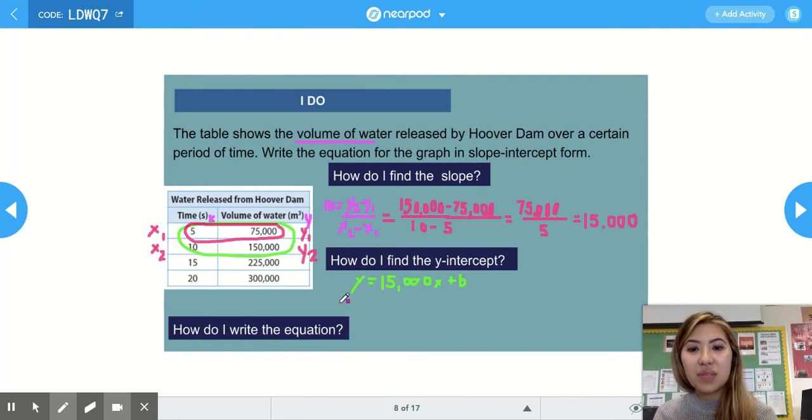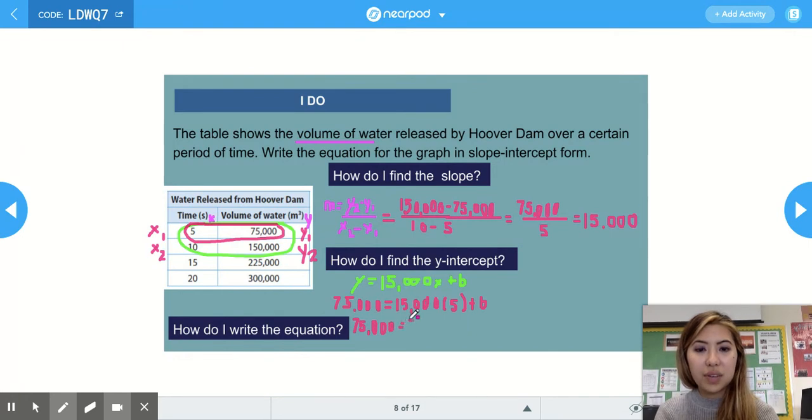So our y value is 75,000. And then we have to plug in the x value of 5. So when we multiply 15,000 times 5, we get 75,000.